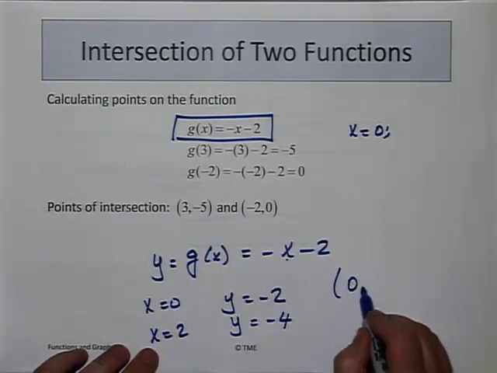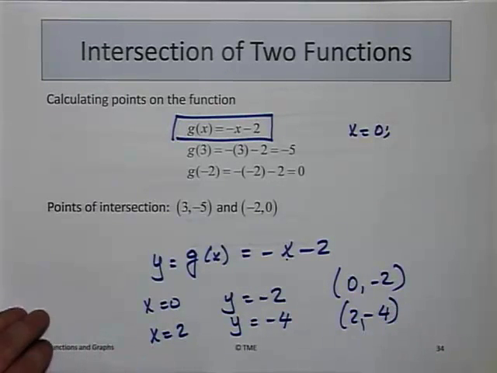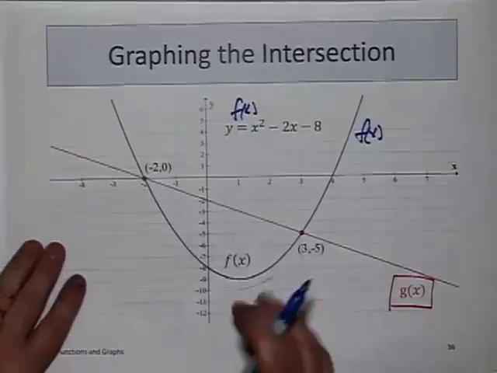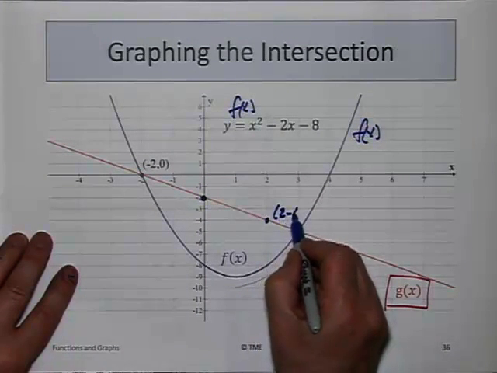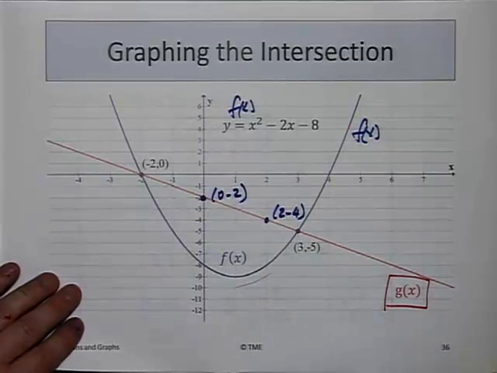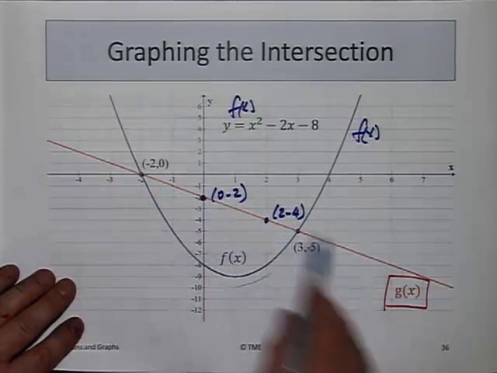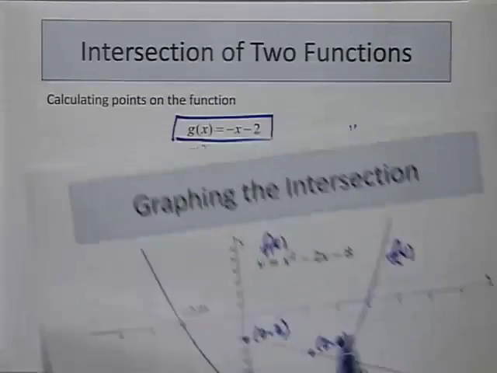We have 2 points, 0, minus 2 and 2, minus 4. They're just 2 points. It doesn't matter which points you take. We might have chosen this one and this one, or any other set of points. We'll get the same graph for g of x. So we can draw it.